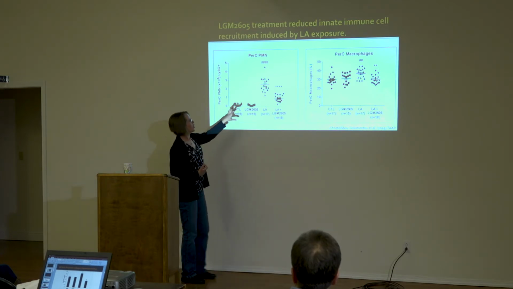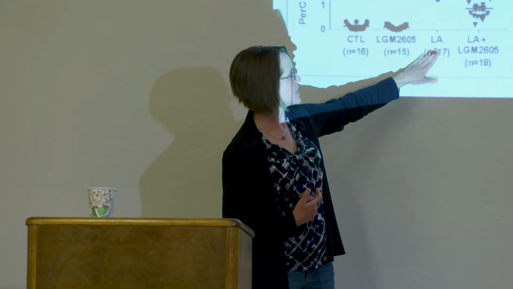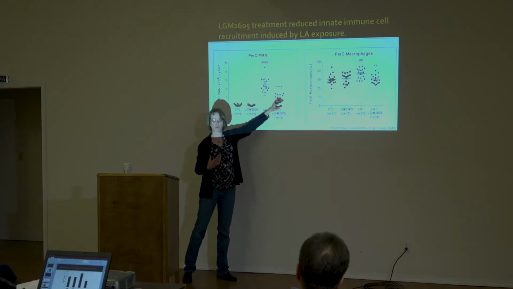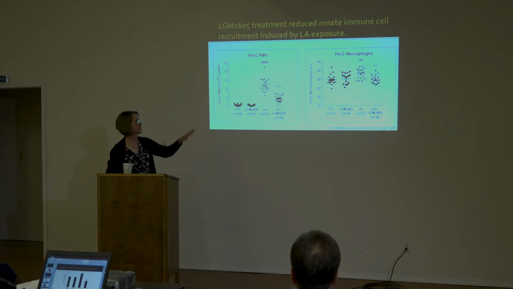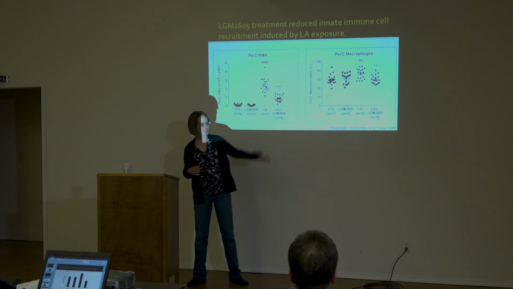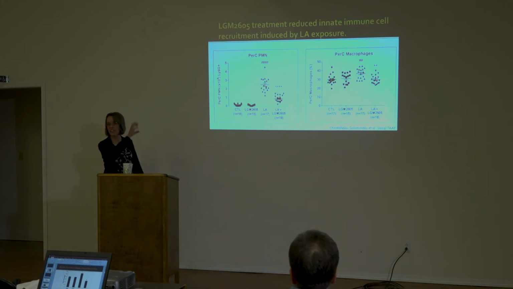We didn't really see much of a response except when we had LA by itself. So the LA are drawing these innate immune cells into the peritoneal cavity. And then when we add the drug, we're blocking that response, that calling in. And we see this again in both of these cell phenotypes. So this again is all innate cells.